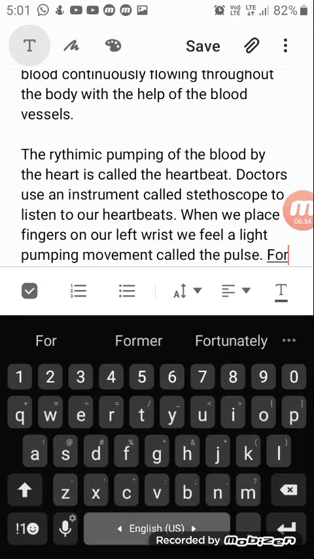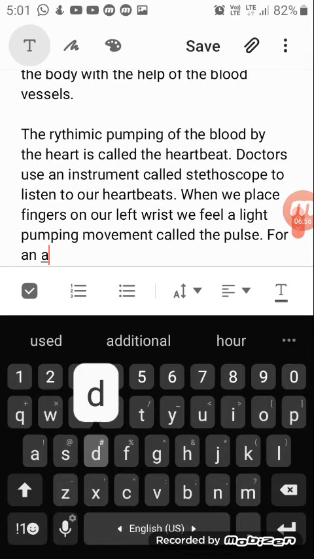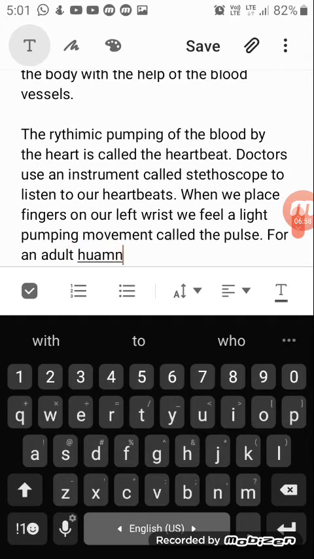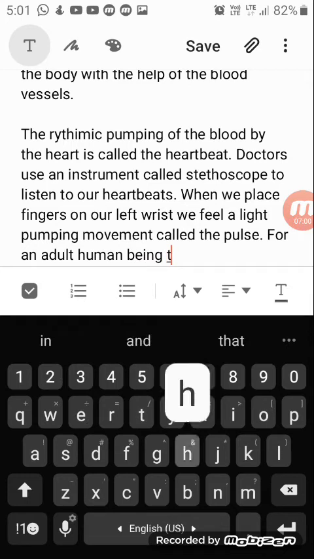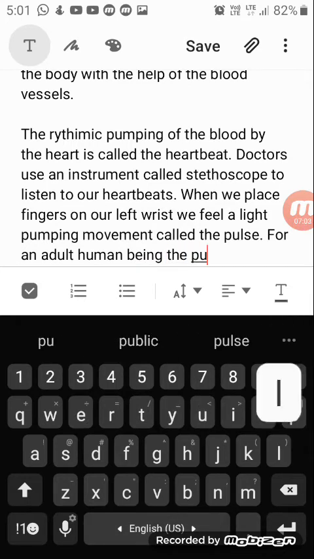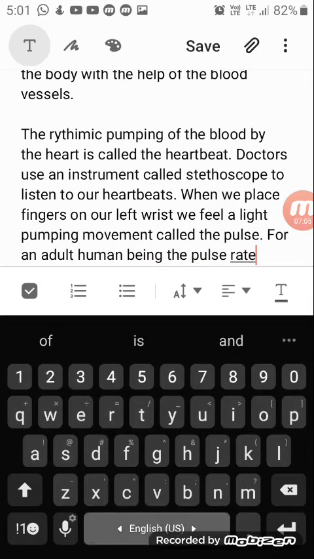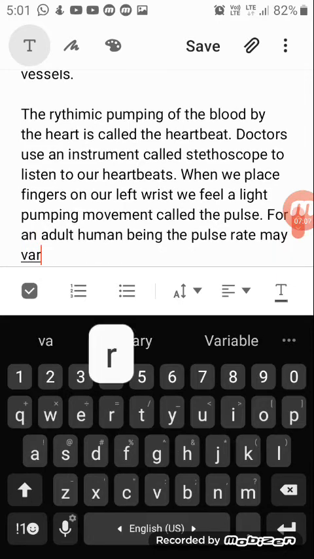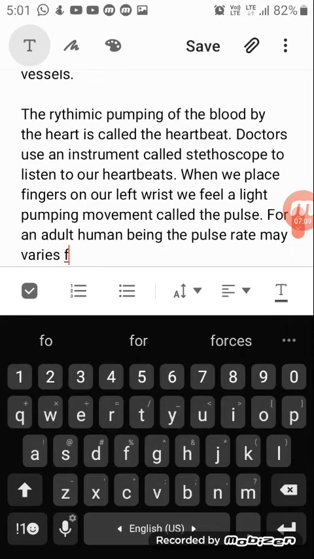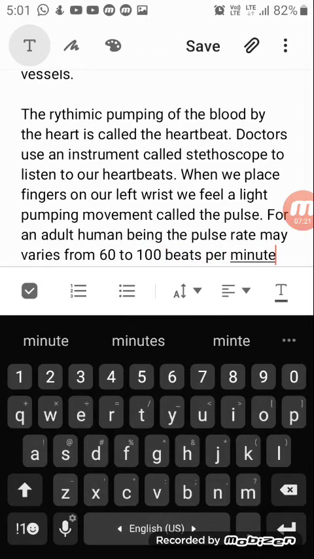For an adult human being, the pulse rate may vary from 60 to 100 beats per minute.